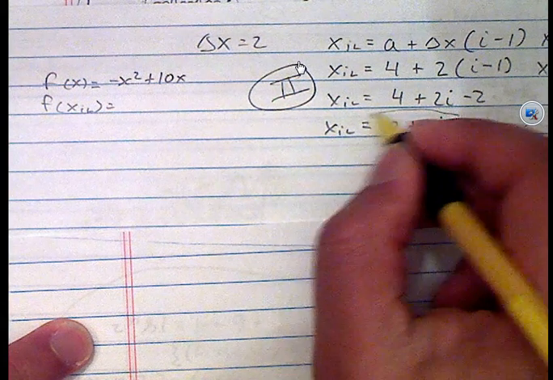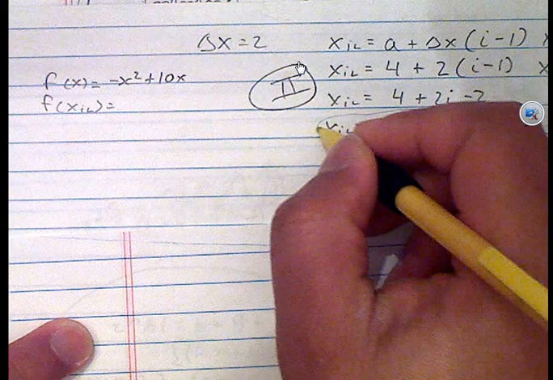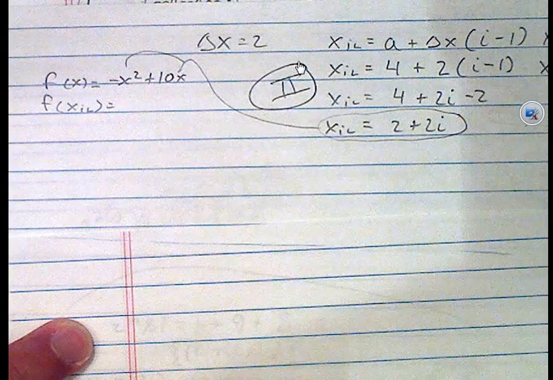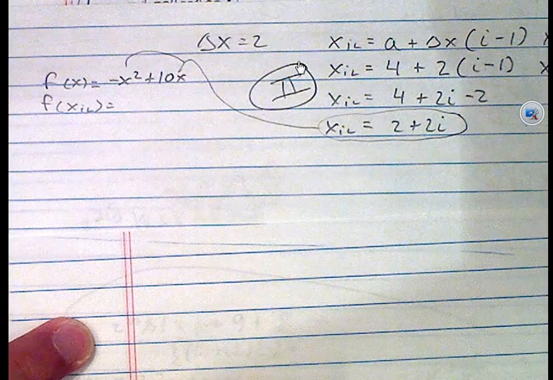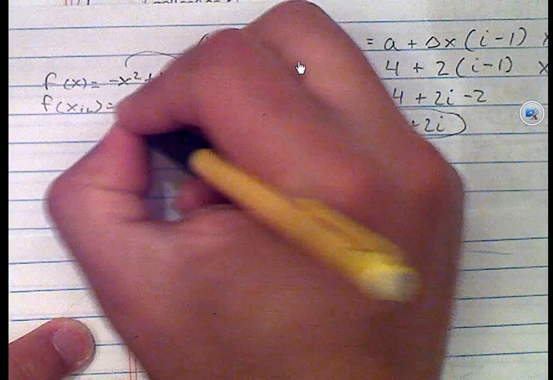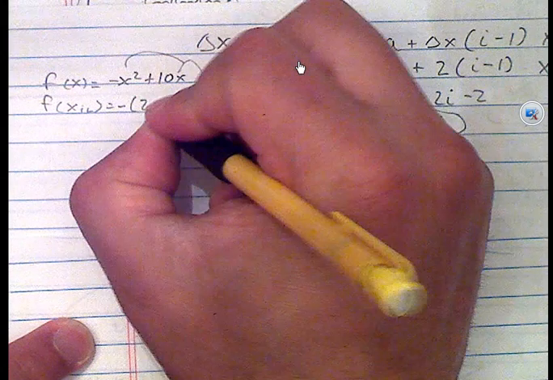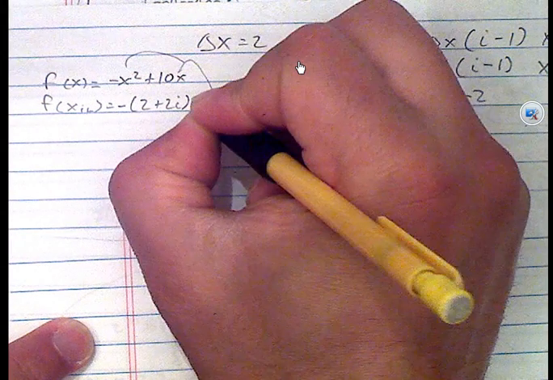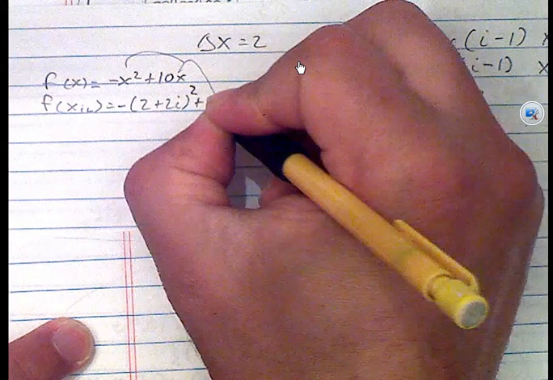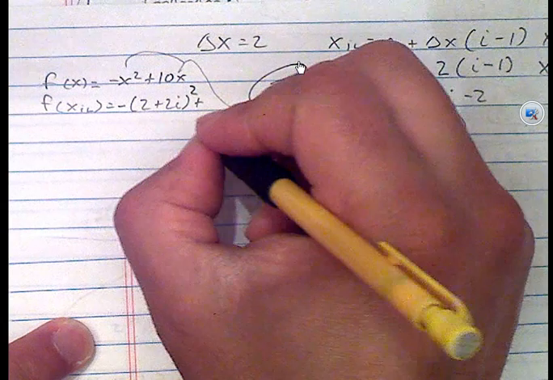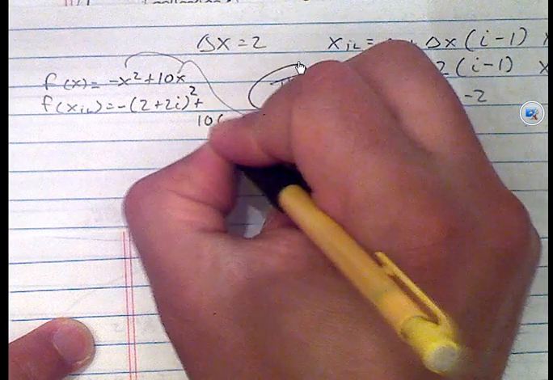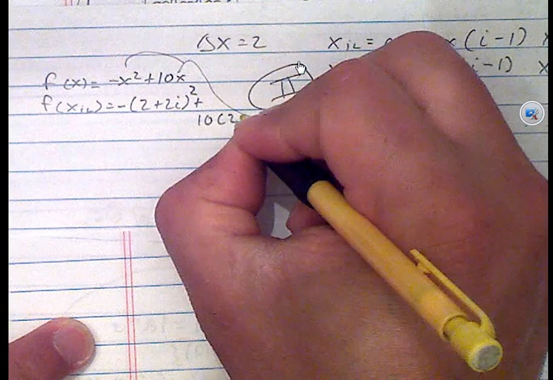Don't bother me. I'm going to plug this in everywhere I see an x. Doesn't matter. So that's negative (2 plus 2i) squared plus 10 times (2 plus 2i).